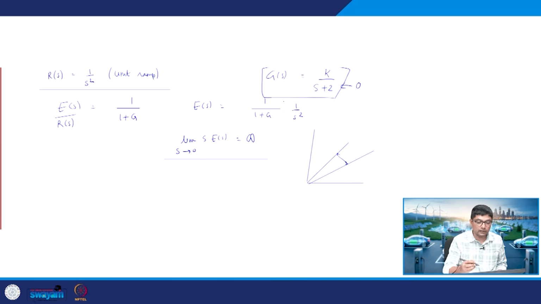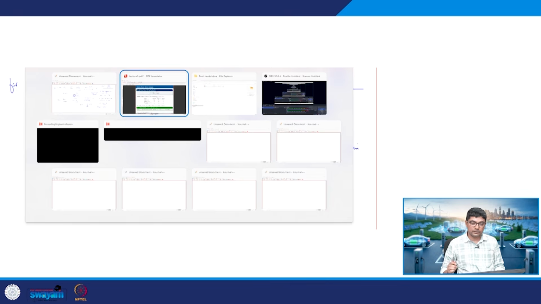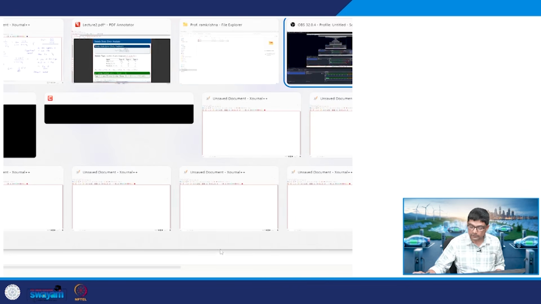In the previous case that we saw, here G of S has one integrator and so on. So, typically G of S can be something like 1 over S to the power n times G prime of S, and this n is the number of integrators.